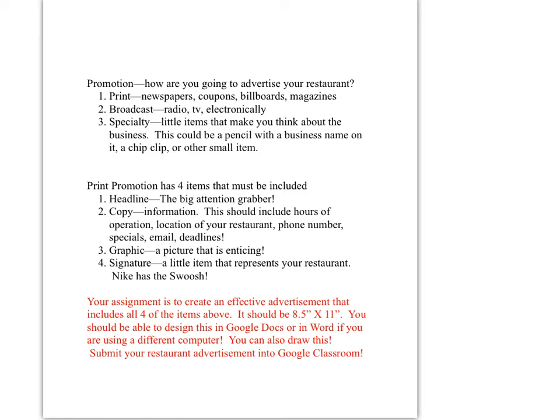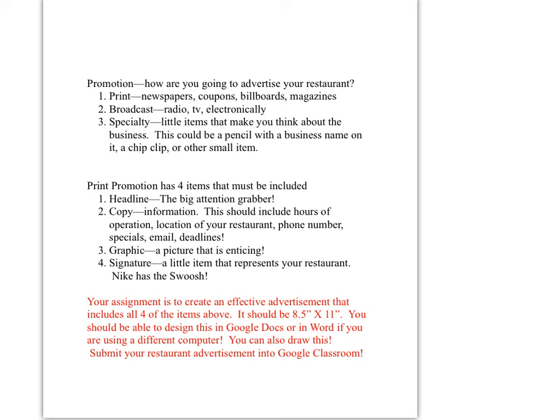So the next thing we're going to look at is the print promotion has 4 items that must be included. So when you create your advertisement, you must have these 4 items. The first one is the headline. It's the big attention grabber. It's what people notice most right away. A lot of times you'll see advertisements that have those great big yellow star looking things that say 25% off, something like that, that really grabs your attention.